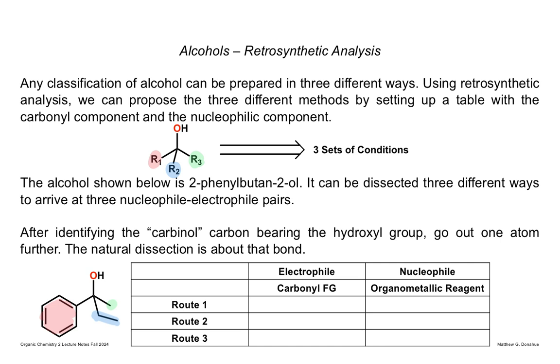We're just going to fill in the table of how we can analyze this to set up these pairs of electrophiles that contain the carbonyl, and nucleophiles that come from the organometallic. The key thing is identifying the carbon bearing the oxygen, and then for a tertiary alcohol, you make a ketone out of it 3 different ways.